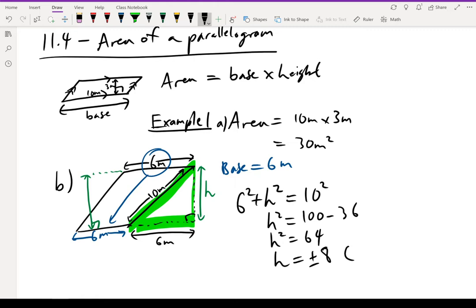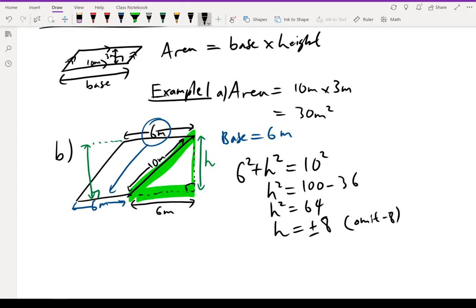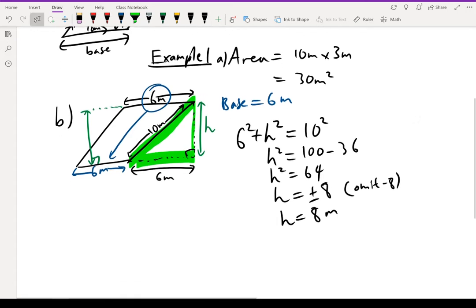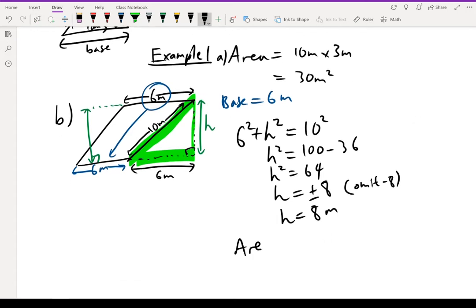And since the height cannot be negative, we can omit the negative 8, which means that the height is only 8 meters. Now that we found the height, we have the base, we can now find the area. So the area is equal to 6 times 8, which is 48 meters squared.